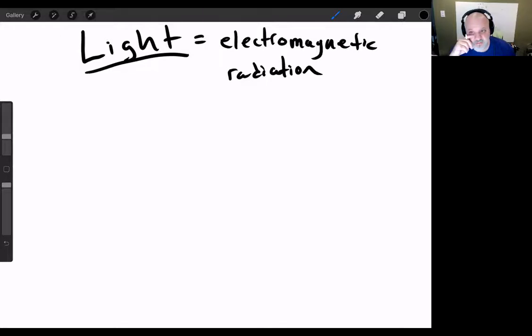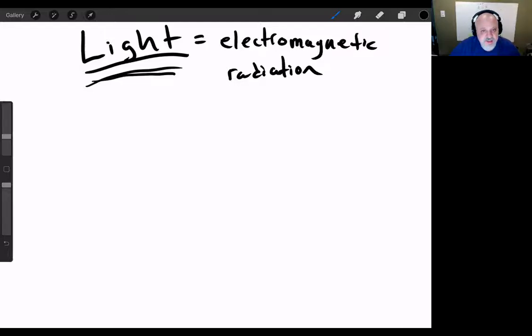Light is electromagnetic radiation. What students might not know at this very moment is that light is a very broad term. Certainly, light means everything that you can see, right? The light in your room, the light from the sun, the colors of the rainbow, but it means more than that.